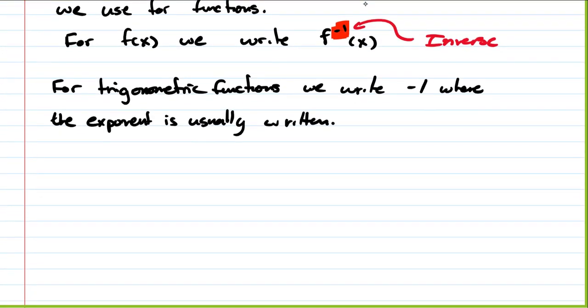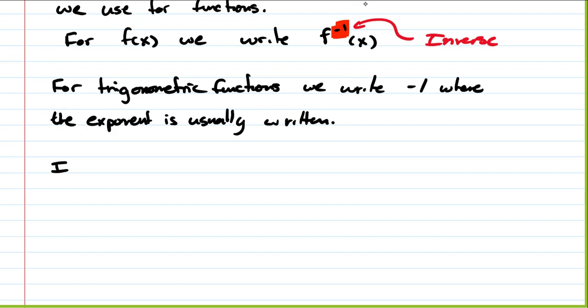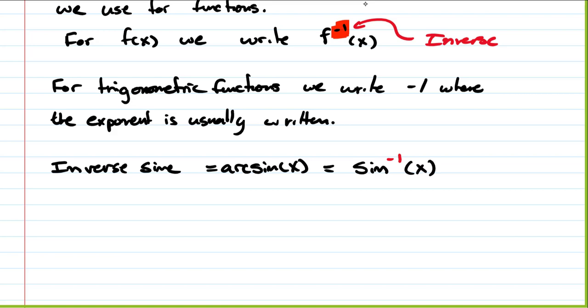So, for example, if we had the inverse sine, we could write it as arc sine x, or more commonly, sine inverse of x.